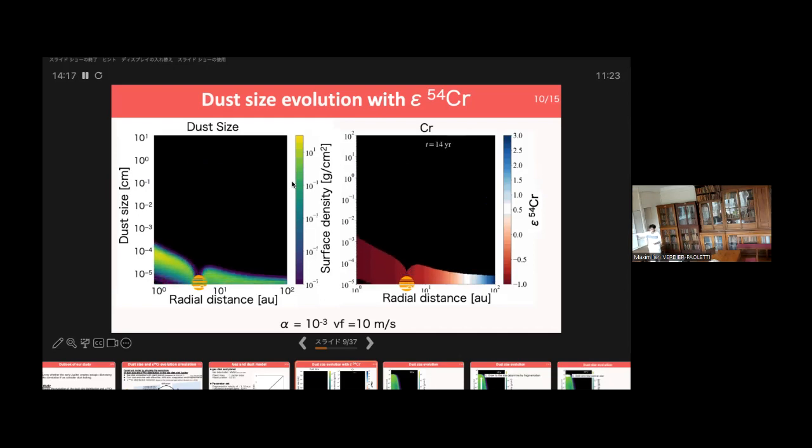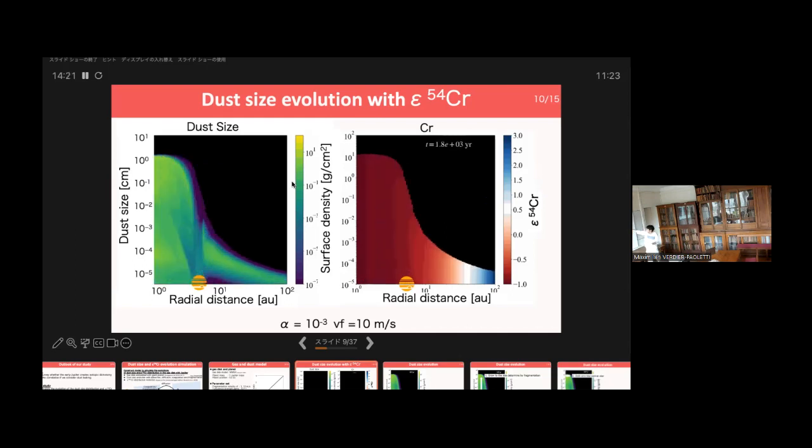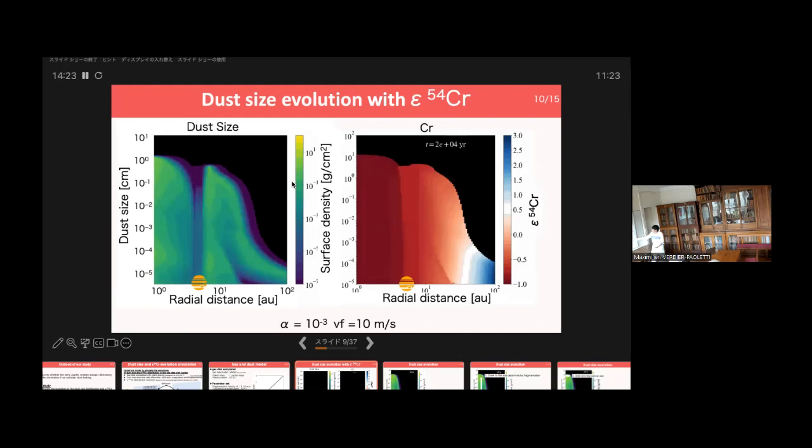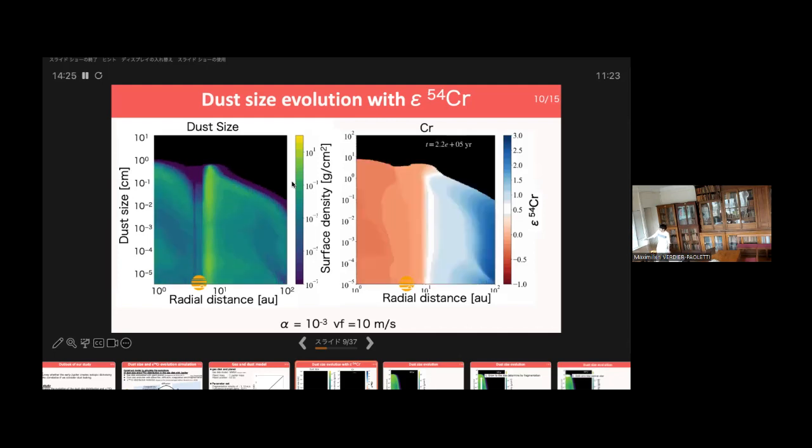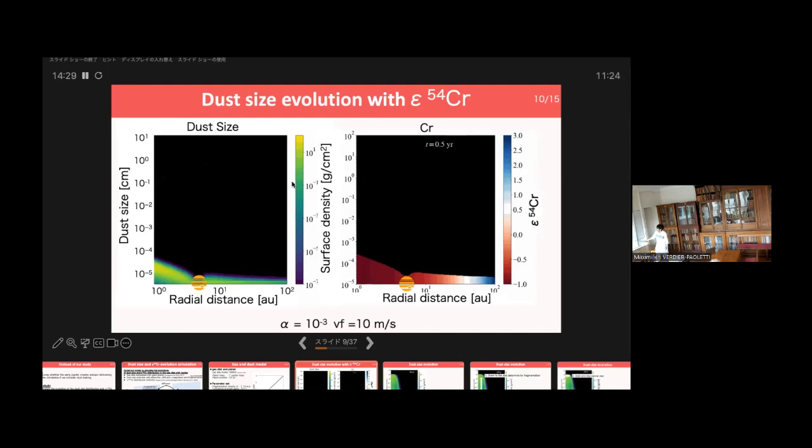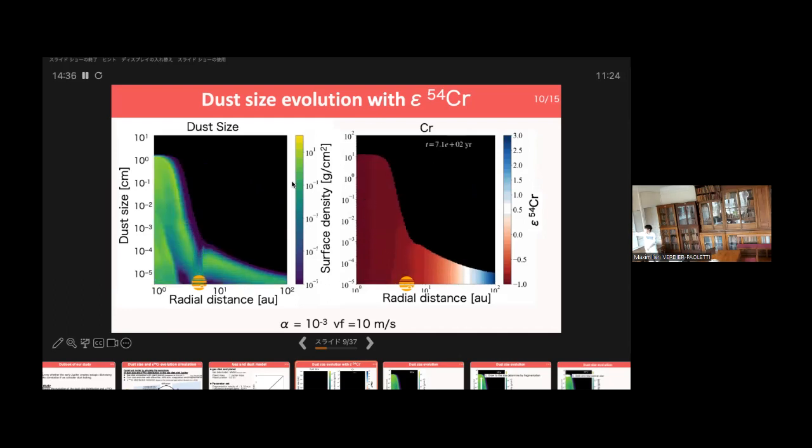Initially there are small particles, and these small particles gradually go upward. The color shows the surface density of dust particles, so this colored region dominates the total dust mass.